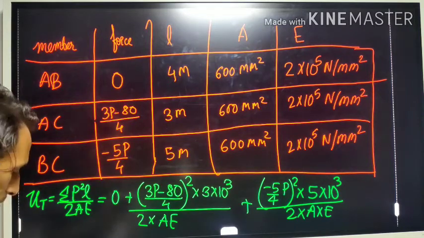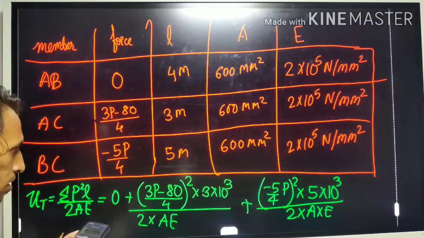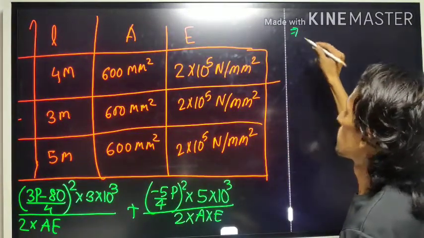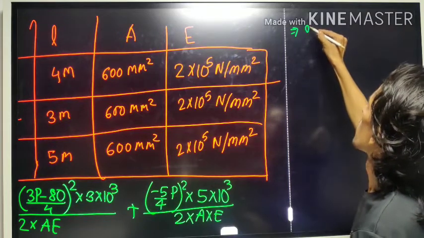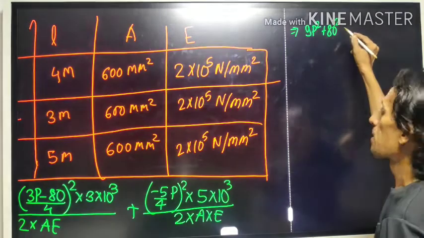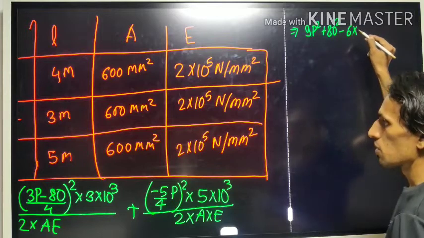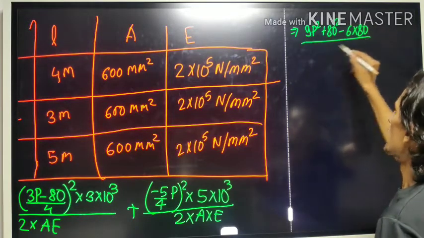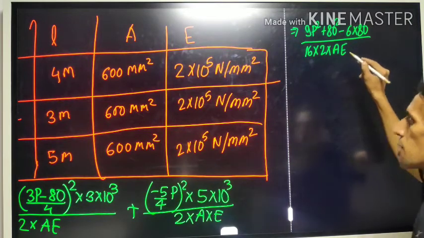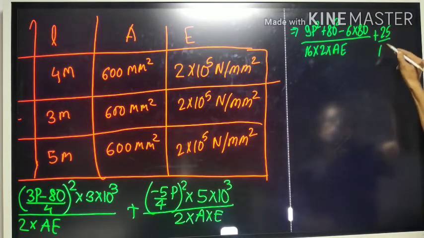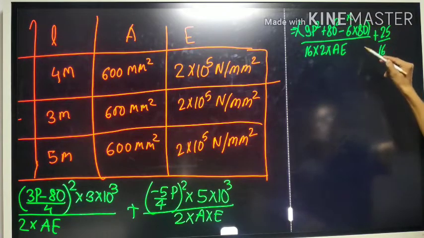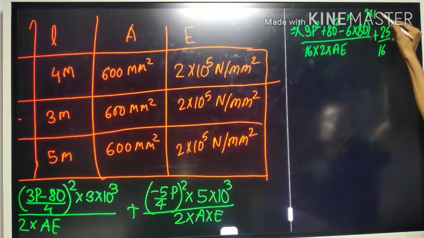Let me write it in simple form. So it will be (9P square plus 80 square minus 6 into 80 P) divided by 16 into 2 into AE, plus 25 by 16, and then here I forgot 3 into 10 to the power 3.